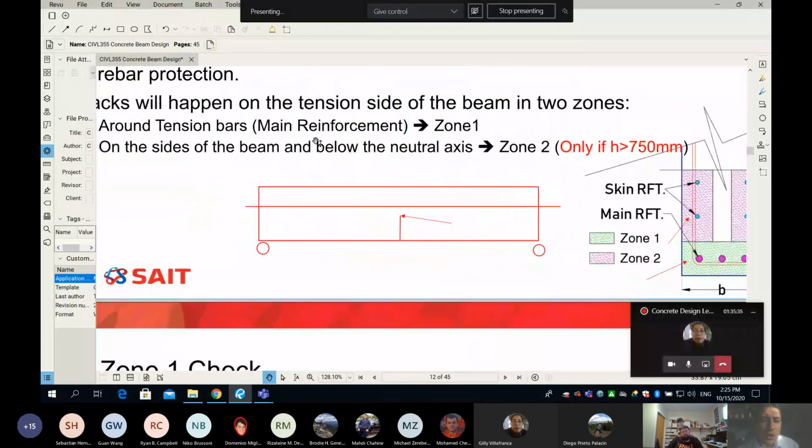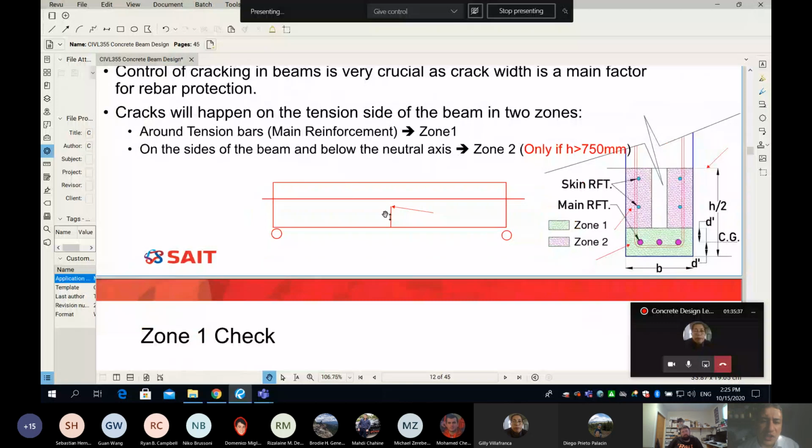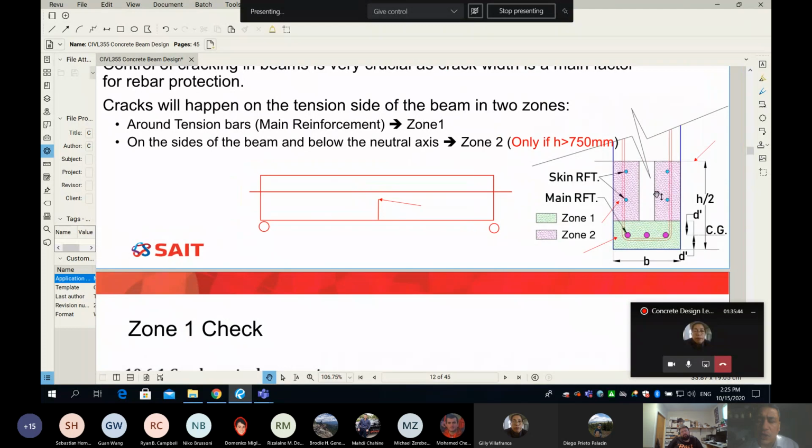So guys, listen. Since we split the below half of our beam into two zones, we will deal with them differently and check them differently. If your beam is not that deep, and we're going to do some reading in the code, but the number is 750 mm.